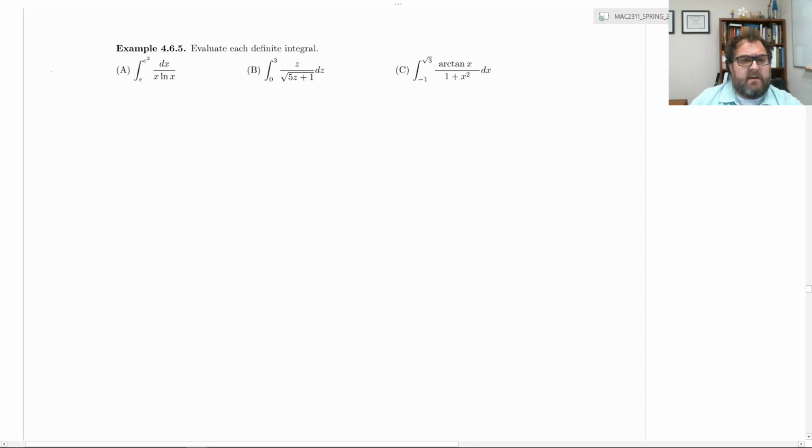So let's see. Example A here does look a little weird in the sense that there's just a dx on top. But remember, we could easily rewrite this. If that looks weird to you, some books would write this as I have here, dx over x natural log x. I've seen other authors do this, and put the dx right there.